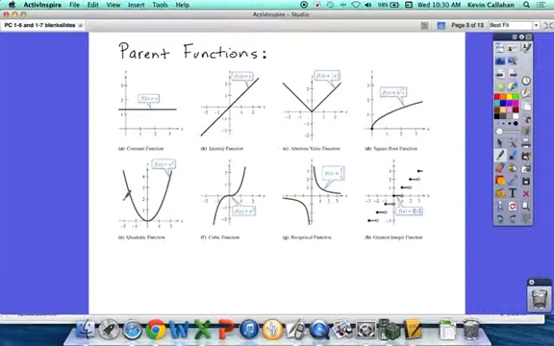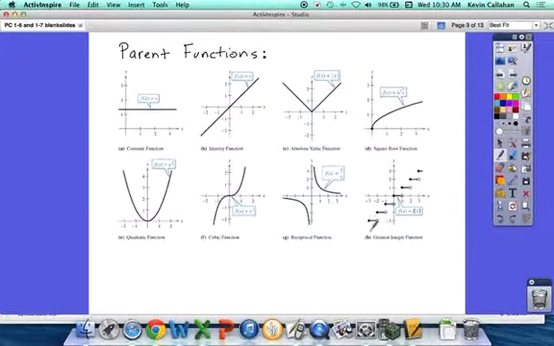I wish they'd just say quadratic, but they don't. This is a cubic function. They're calling this a reciprocal function. We call that the inverse variation. It's 1 over x, or k over x. They're calling it 1 over x, but last year we called it k over x, where k could be any constant, including 1.